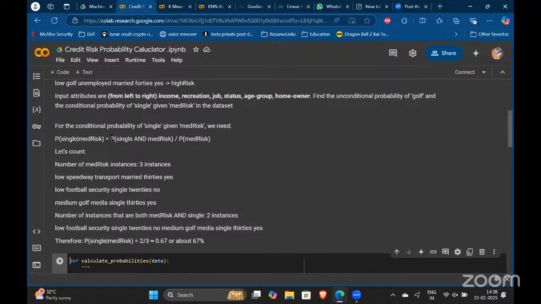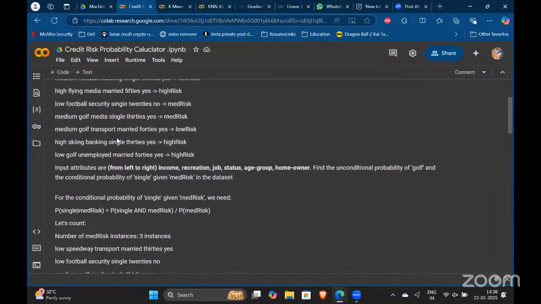So here we have P of A and B, which is A intersection B, divided by P of mid risk. You can say that we did not have any values directly given to us. How do we calculate this? Because we do not have any numbers over here, but we have data. So we need to calculate the probabilities based on the number of instances of that value.